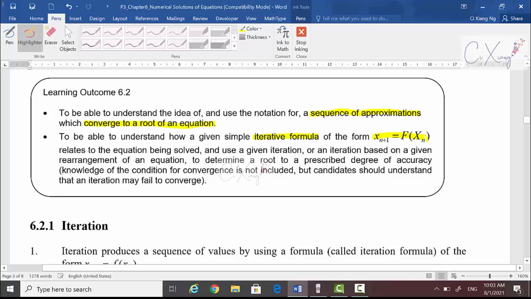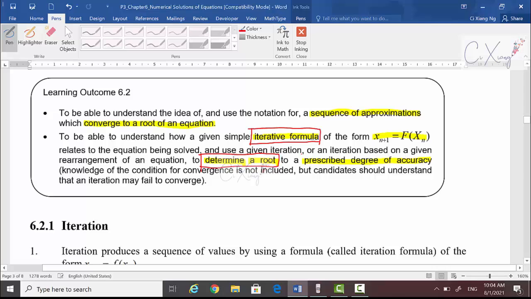Then relate it to the equation being solved and use a given iteration to determine a root to a prescribed degree of accuracy. You need to learn how to use a simple iterative formula, which we'll learn later, to help us determine an approximate root.